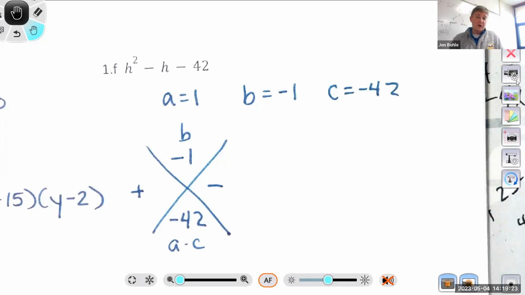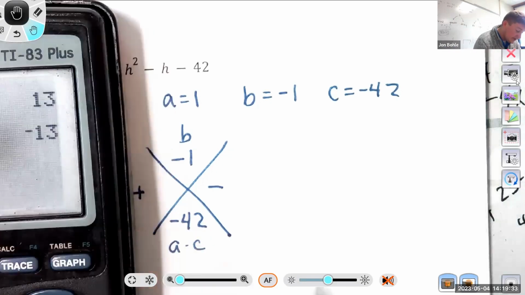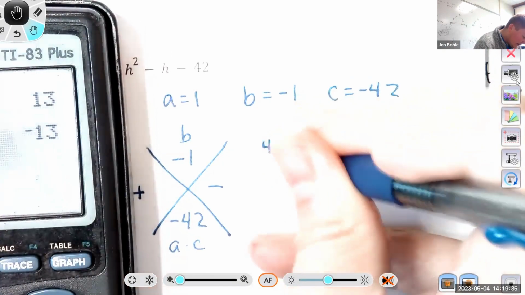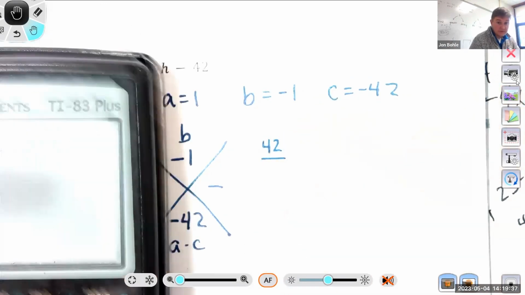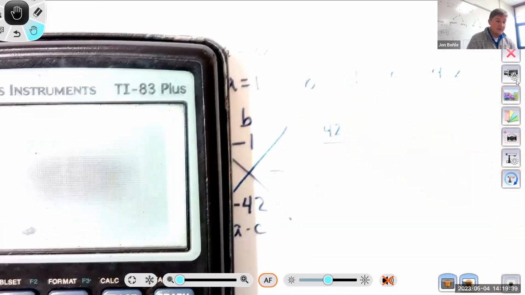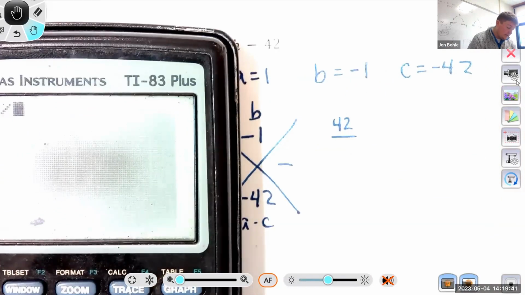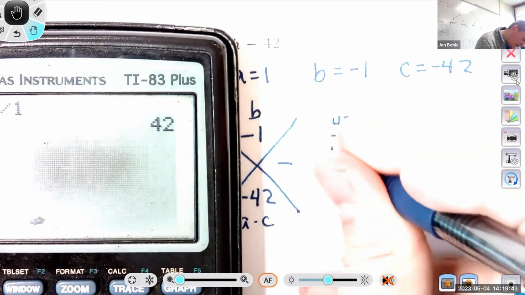So we need to figure out what this number combination is. Here I'm going to lay it all out for you right now. If you have no clue what that number is, this is the process you're going to have to work through. It might be tedious, but it is guaranteed to work. The first thing I'm going to do is start listing numbers that multiply to 42. If you really don't know those, you might have to take a calculator and go 42 divided by 1. That's 1 and 42.